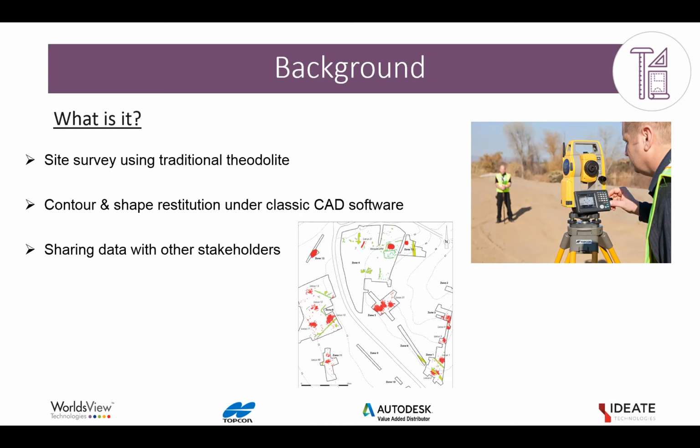As you can see in the picture, we have a drawing that represents all the elements, objects, and shapes that we have surveyed on the site. Then we are just going to share this data with other project stakeholders.